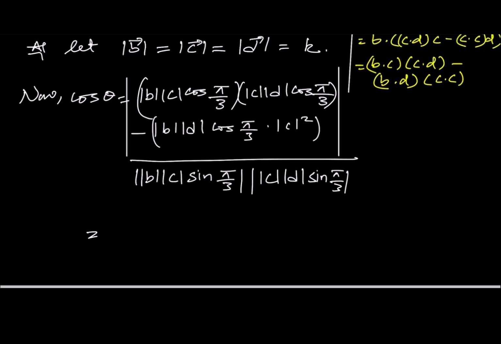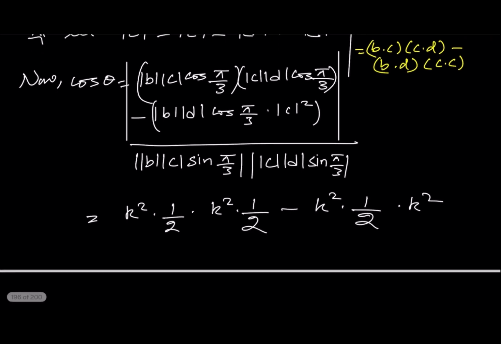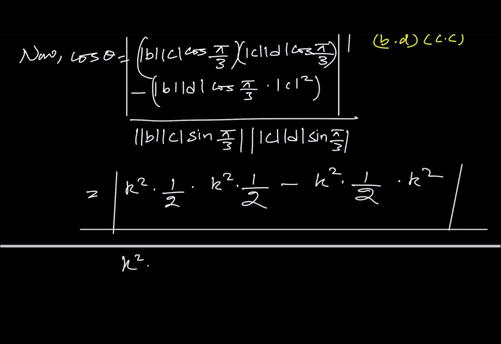So this is k square into 1 by 2 into k square into 1 by 2 minus k square into 1 by 2 into k square, whole mod, upon k square into root 3 by 2 into k square into root 3 by 2.